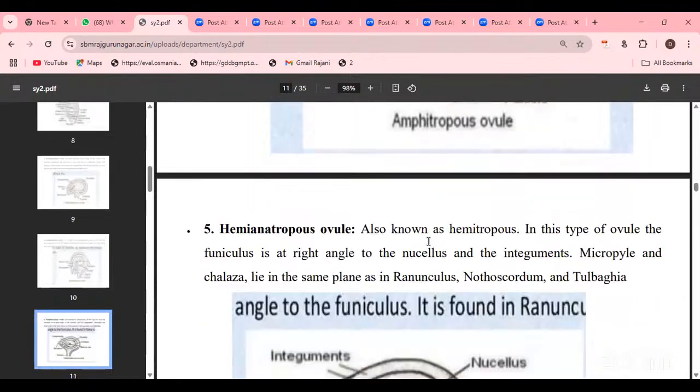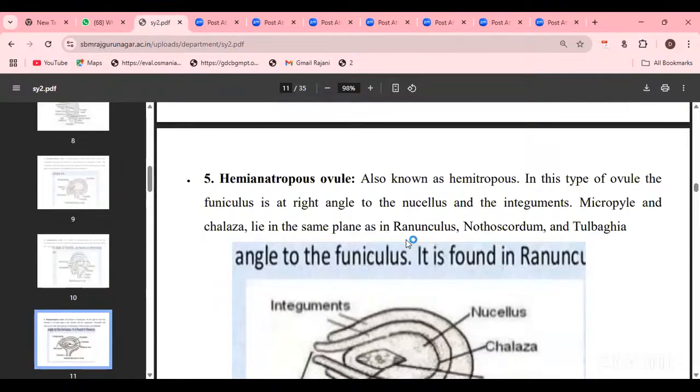Coming to the hemianatropous ovule. Hemianatropous ovules are also known as hemitropous.